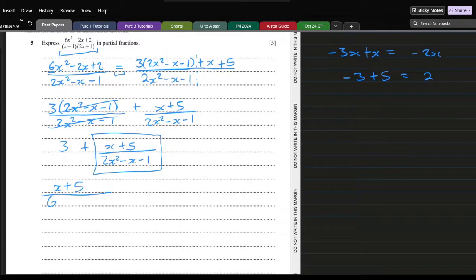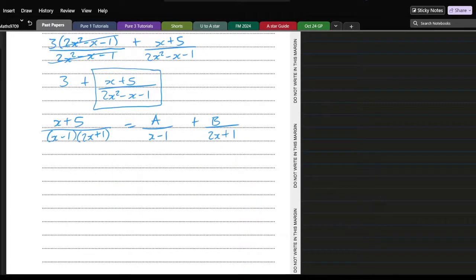We've got 2 linear factors, so that's A over x minus 1 plus B over 2x plus 1. Let's get rid of all our denominators. So that's x plus 5 is equal to A times (2x plus 1) plus B times (x minus 1).